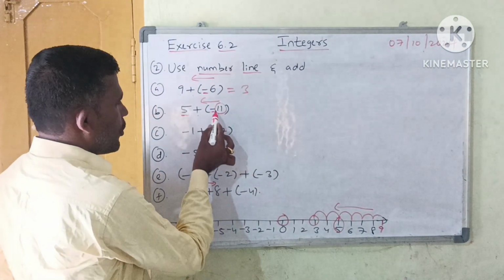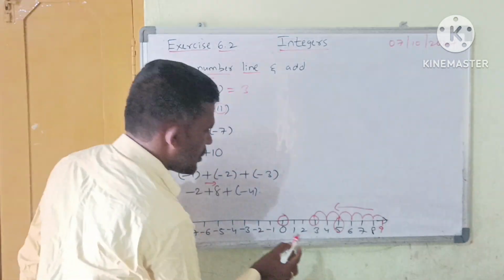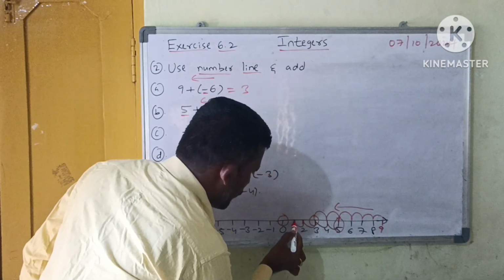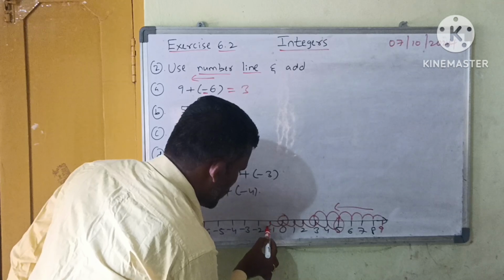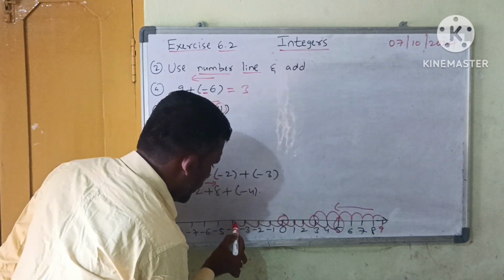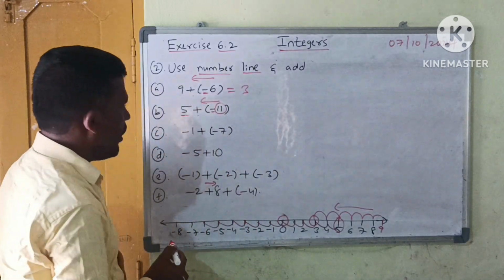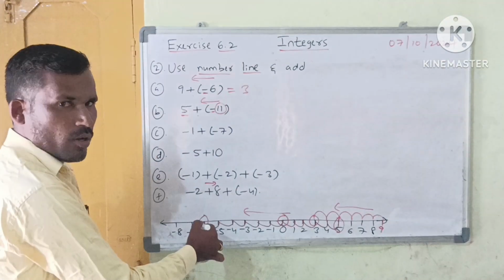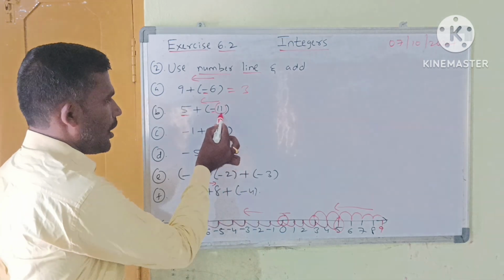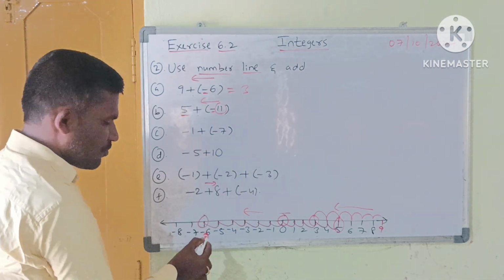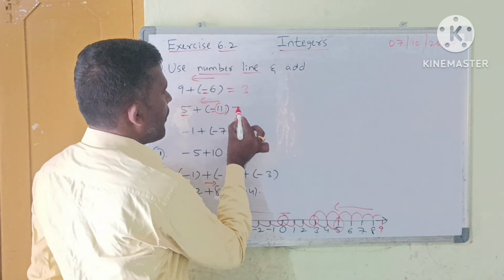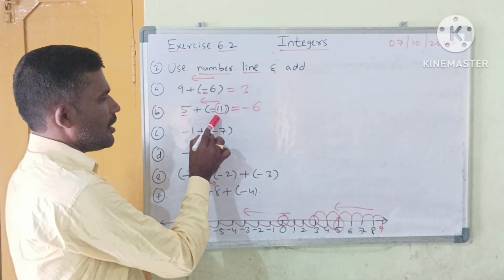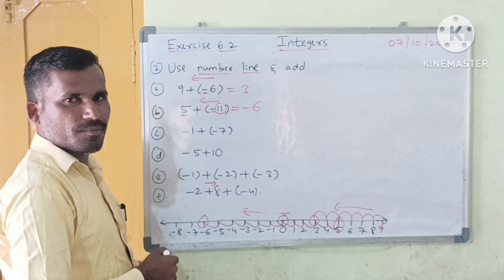From the 5 you have to move to the left side 11 steps. 1, 2, 3, 4, 5, 6, 7, 8, 9, 10, 11. When we move 11 steps to the left side, we stop at minus 6, not 6, minus 6. So therefore 5 plus minus 11 is minus 6. Okay.